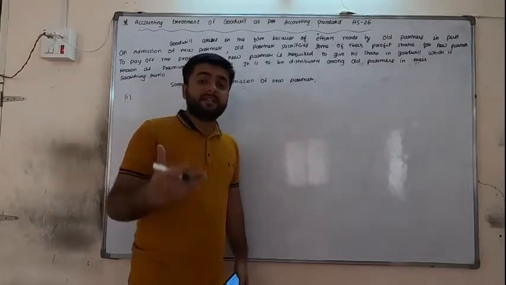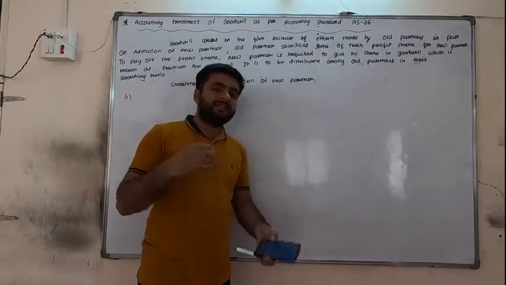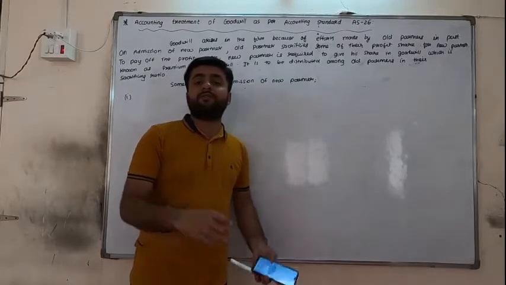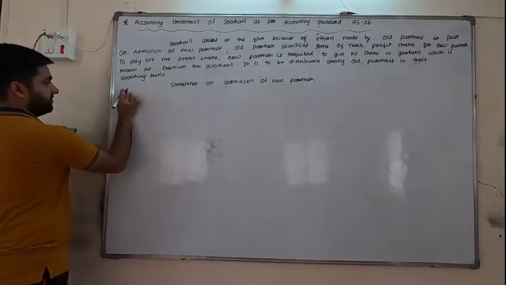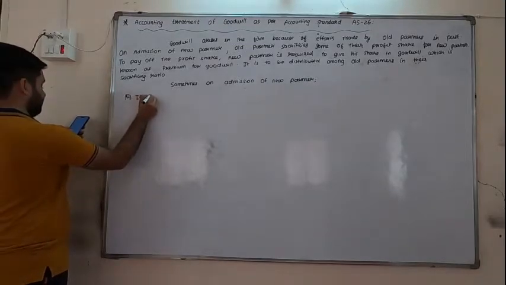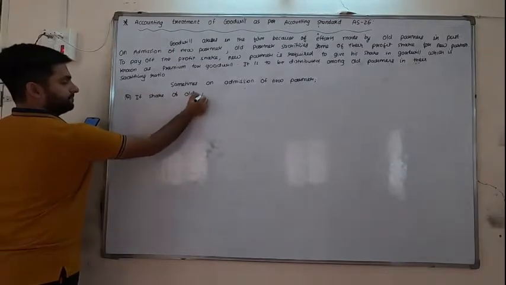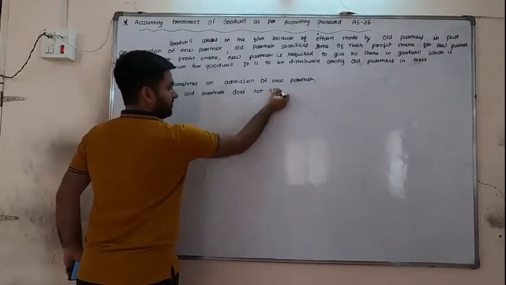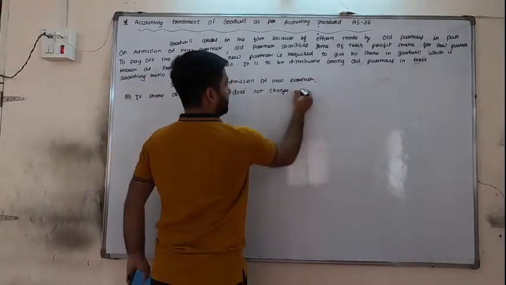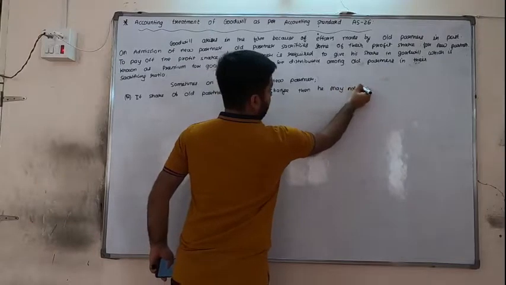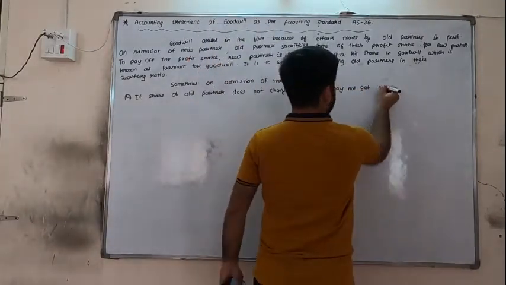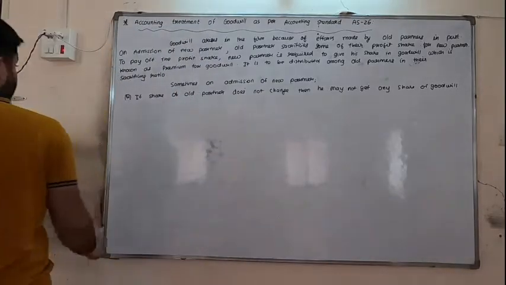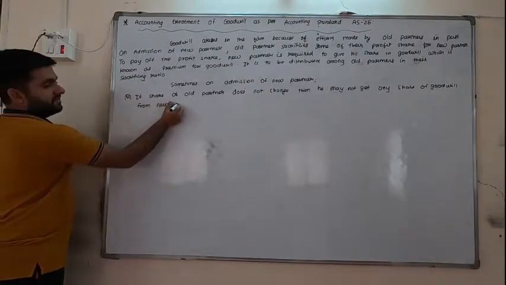When an old partner is changing his share, normally they are sacrificing only for the new partner, but if they are not sacrificing, instead they are gaining, or they are not getting anything, no gain, no sacrifice, then what should we do? Now, point A. If the share of the old partner does not change, then he may not get any share of goodwill from the new partner. See, this thing is very important.